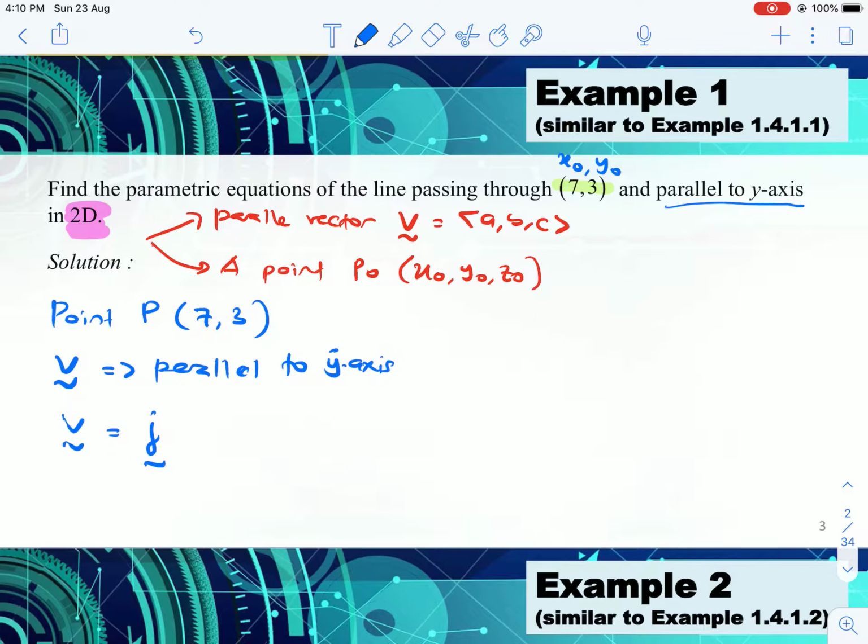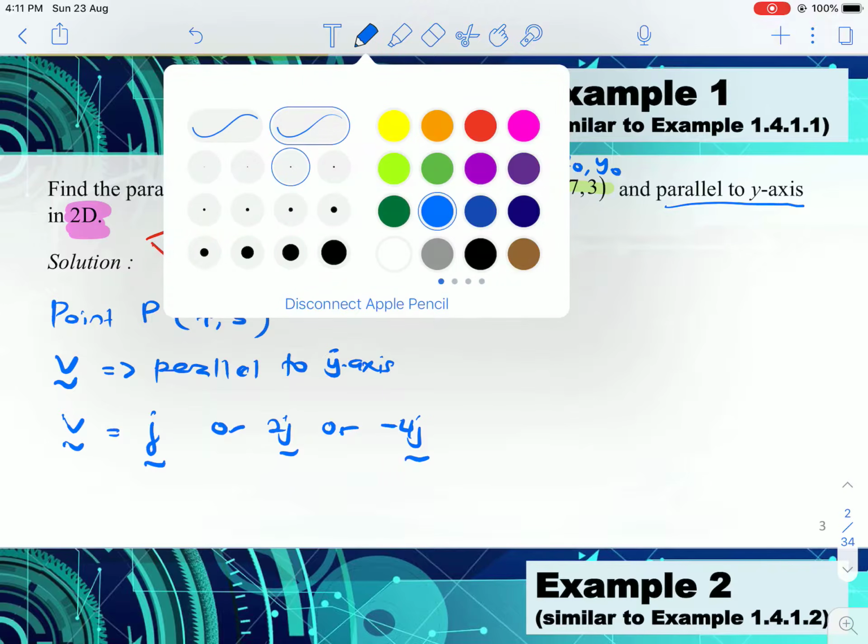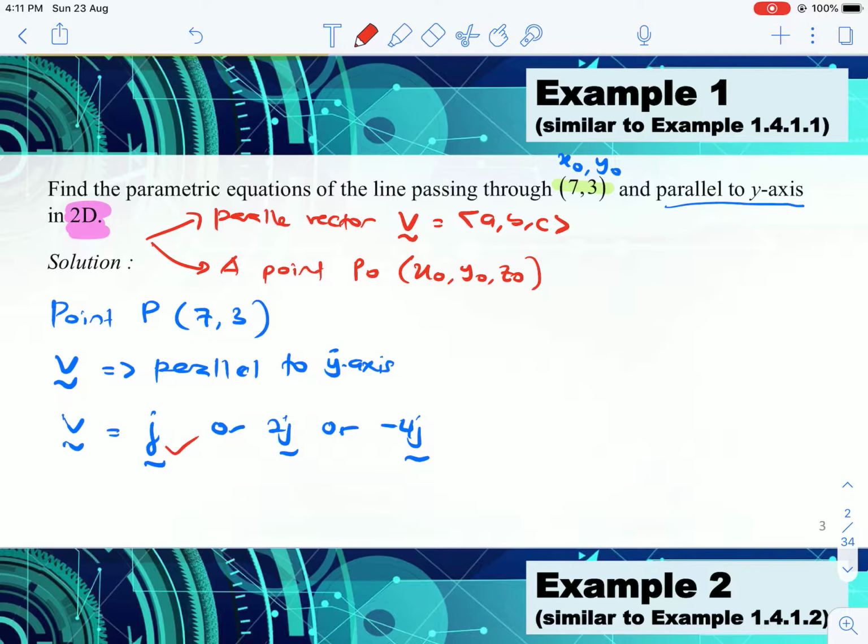Actually you can also have V equals to 2J or negative 4J, as long as it is parallel to y-axis. So let's say I choose V equals to J.